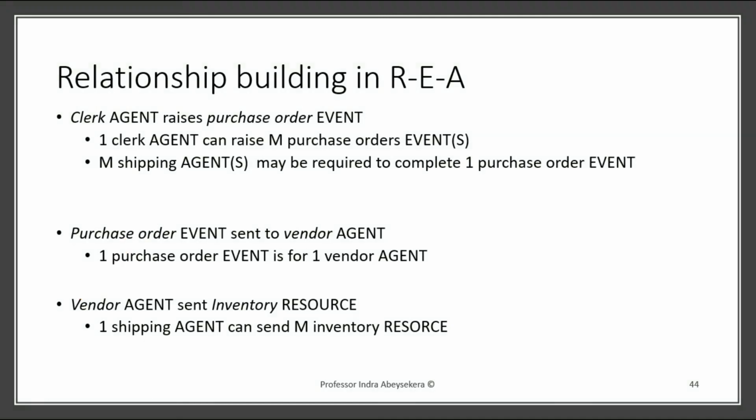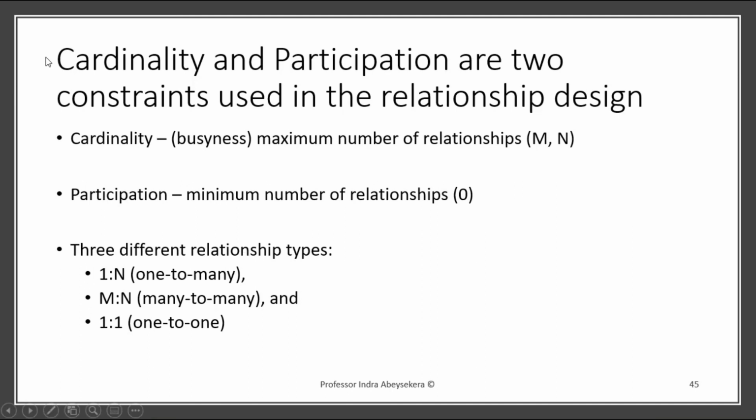Vendor who is an agent sends inventory, which is a resource. So all these three aspects become important. And when we design the accounting system, we can come up with this relationship between the resource and the agent and so forth.